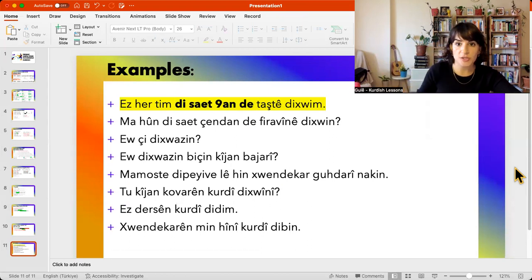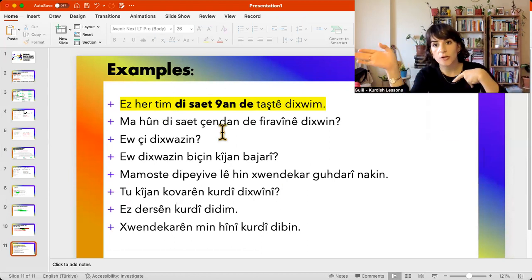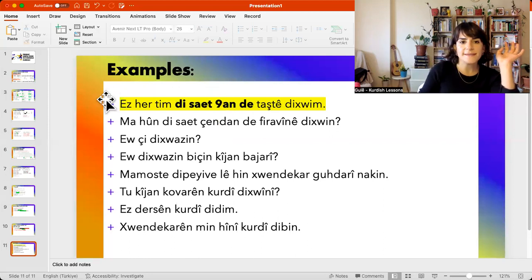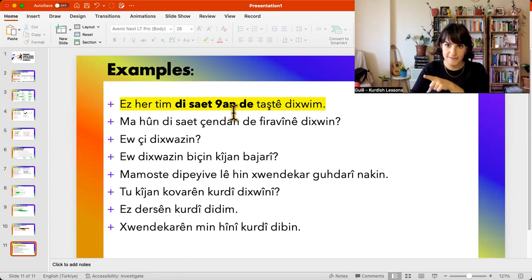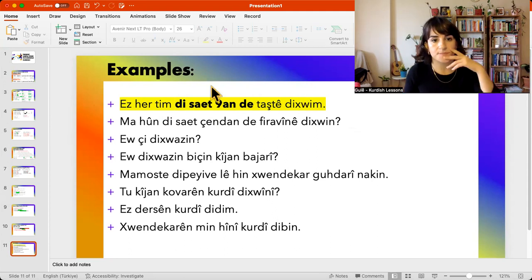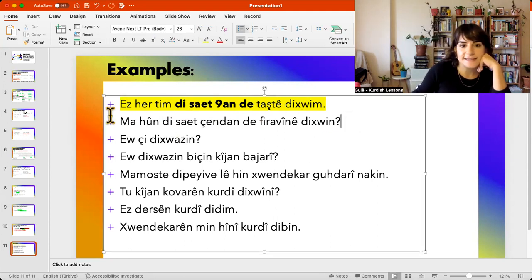And in Kurmanji, adverbs like always, at 9 o'clock, today, tomorrow, right now are always around the subject. So you can say hartem as or as hartem, but never at the end. Okay, it's very important.